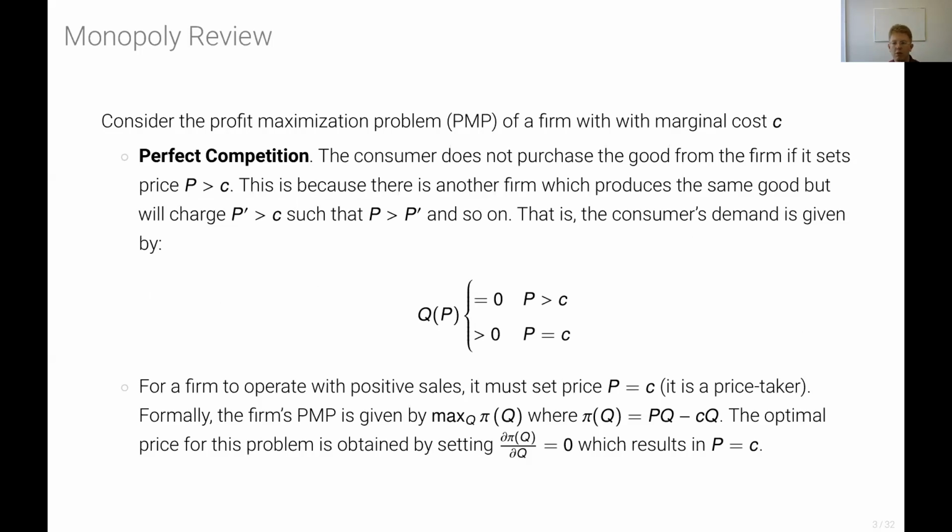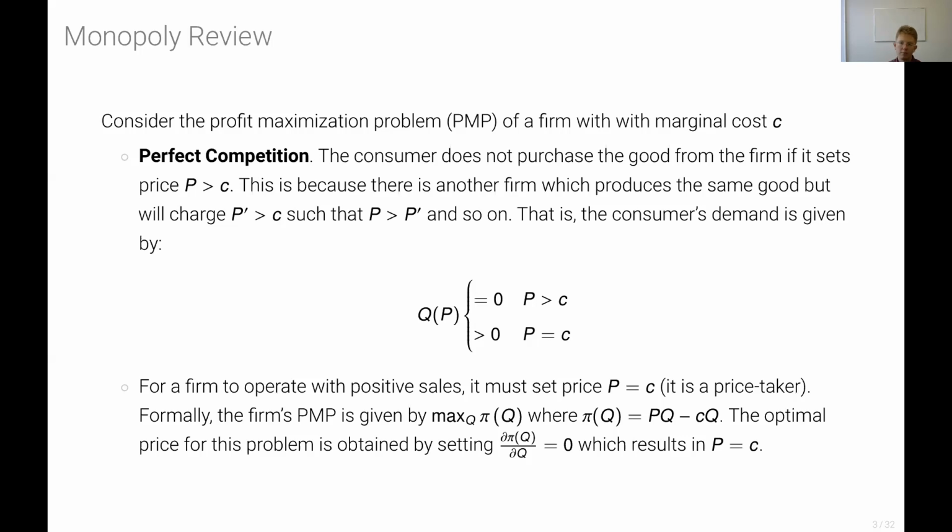Okay, so let's think about the profit maximization problem of a firm with marginal cost C, and what it looks like in perfect competition. In perfect competition, a consumer is not going to purchase a good from a firm if it charges a price higher than its marginal cost. The reason is that there's another firm out there producing the same good, charging a different price, P dash, which is still greater than the marginal cost, but less than the price of the first firm, and so on.